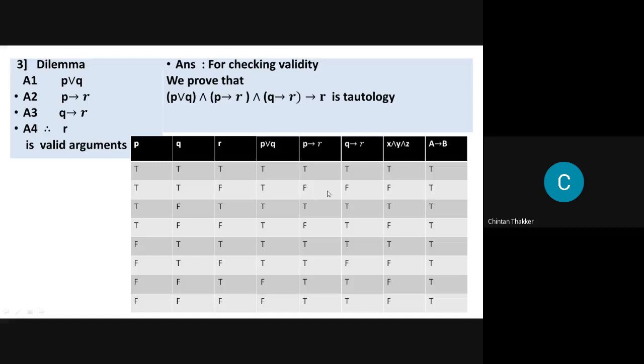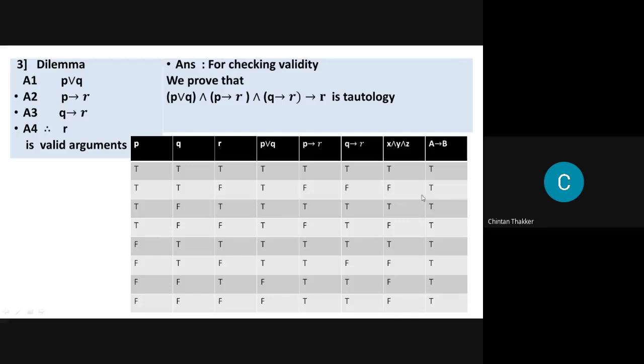Here Y and Z are false, so false. Here again all three are true, so true. Here Y is false, so false. Here again three true, so true. Here Z is false. Here X is false. Again X is false. So these three are false.